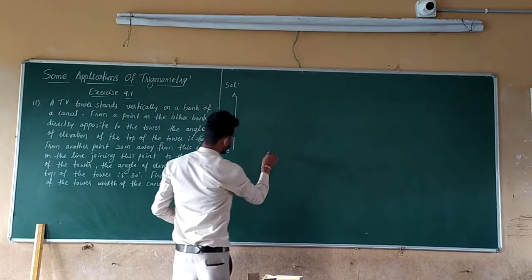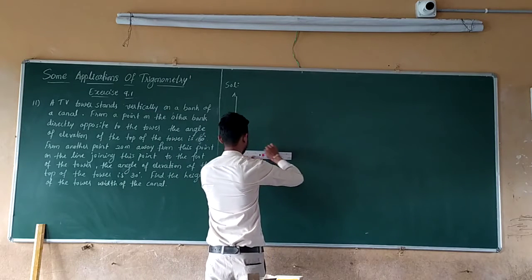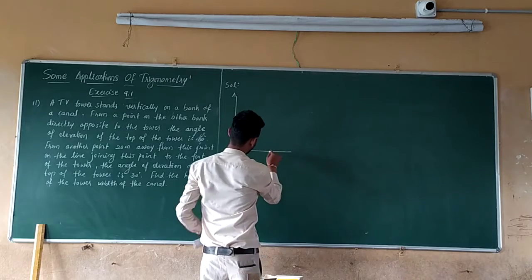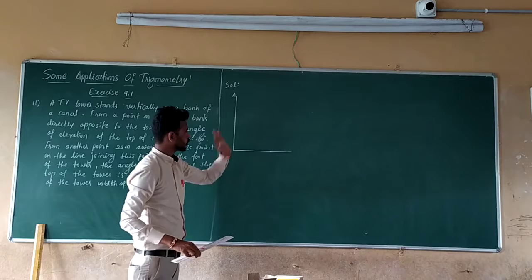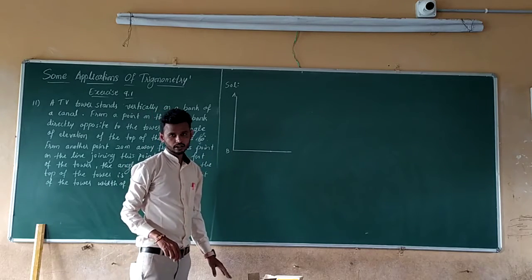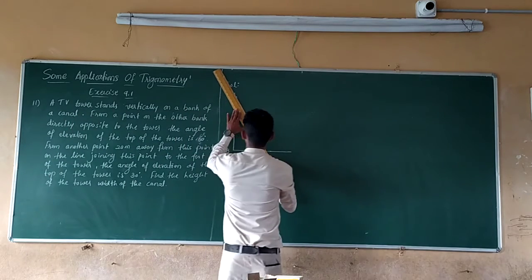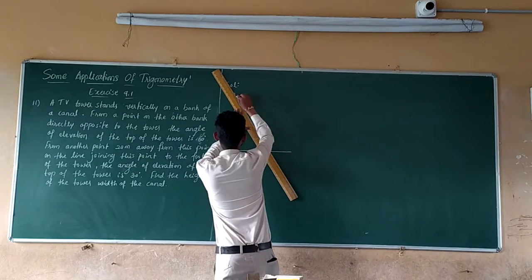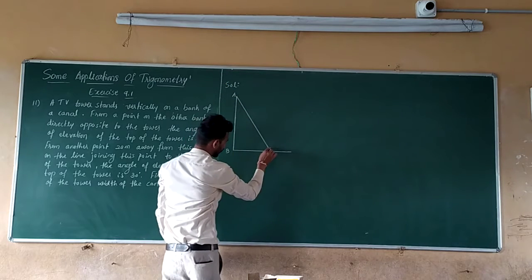So here it is somewhere a point on the other bank, opposite to this tower. So the angle of elevation is 60 degree.